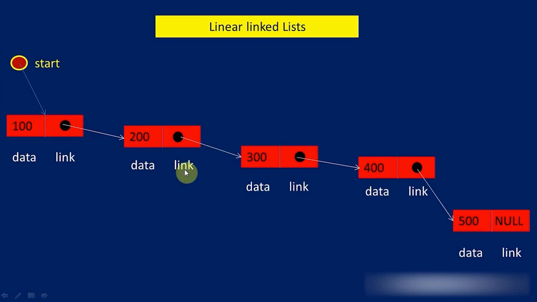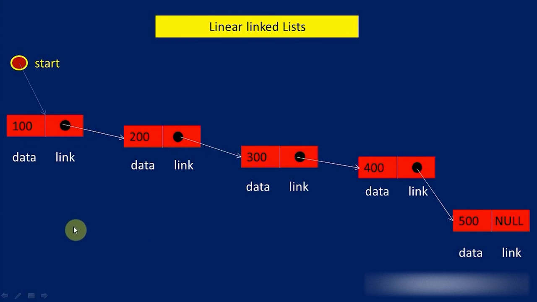And in the link part, we are containing the address of the next node, that is the third node. Then in the third node, where the data value is 300, the link part is containing address of the fourth node. Then link of the fourth node is containing address of the last node. So this is how the linked list is formed.